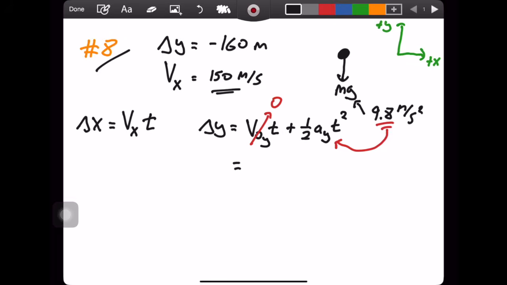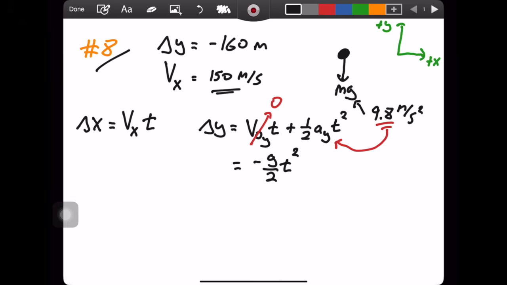And so the delta y from when you drop the supply to when it hits the ground is going to be negative g over 2 t squared.